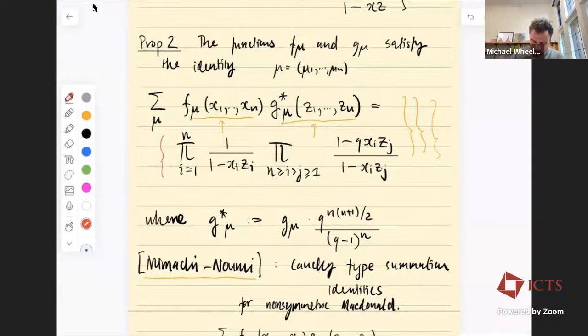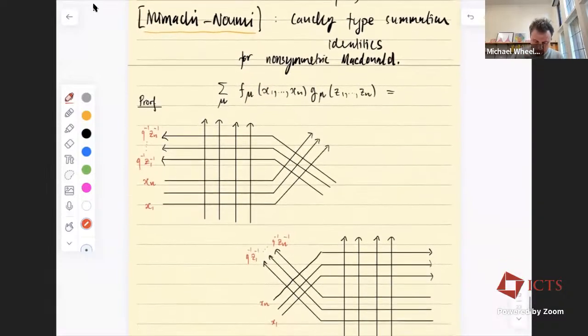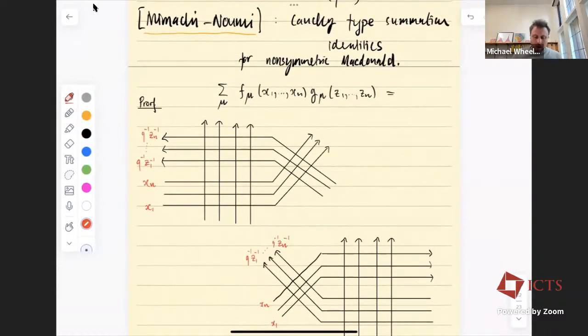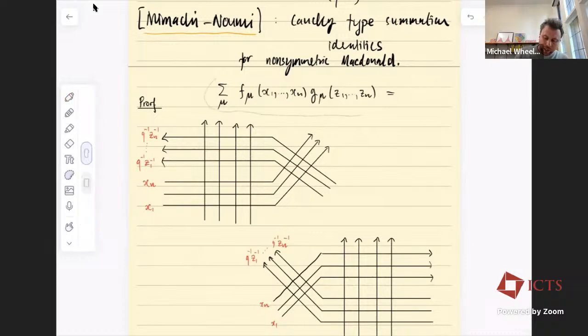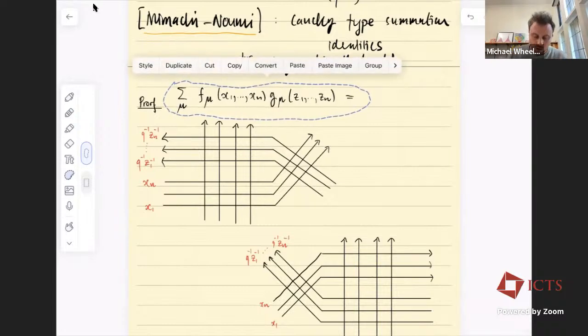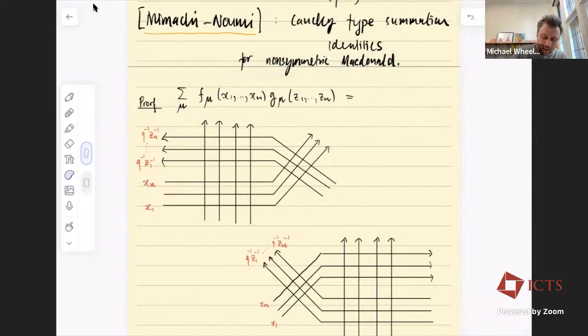So let's just do the proof of that for completeness. The strategy will be very similar to the proof that we did for the other summation identity. In the first step, you write down the left-hand side, which is this sum here, and then you want to represent that as a partition function, and the argument is very analogous.